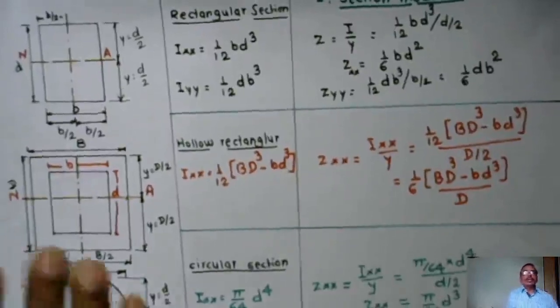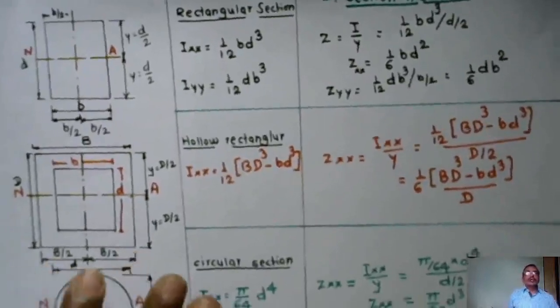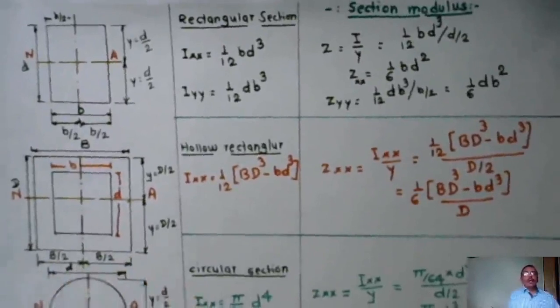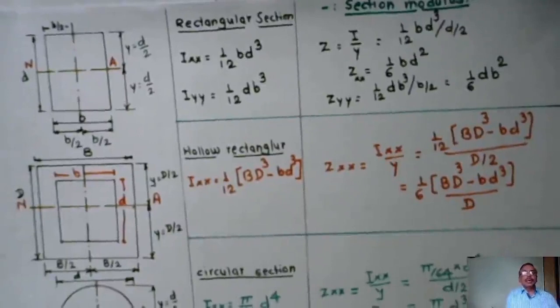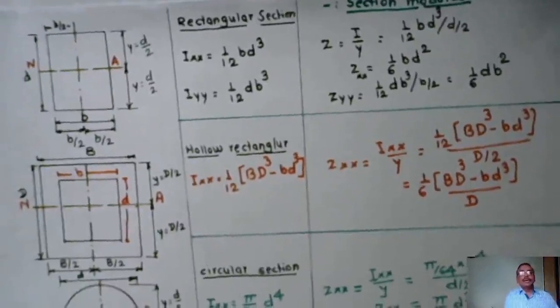So section modulus Z is equal to I upon Y, that is 1 by 12 BD cube divided by D by 2. So the section modulus about the x axis is 1 by 6 BD square. Always remember this.